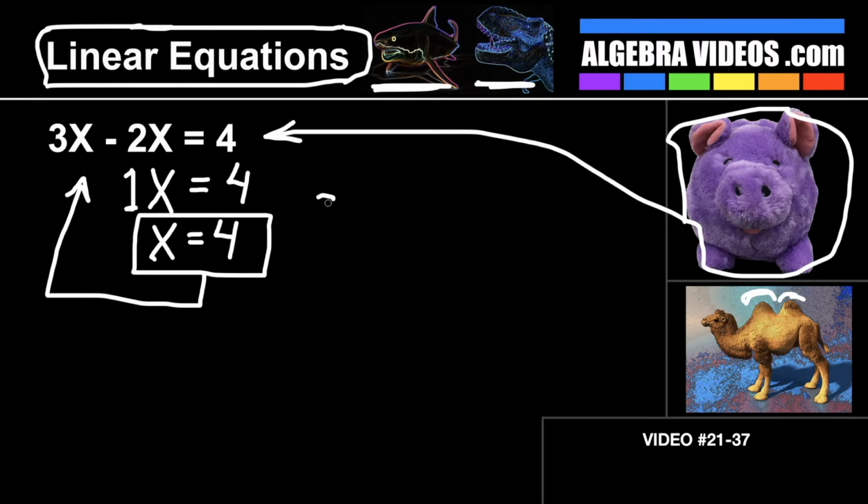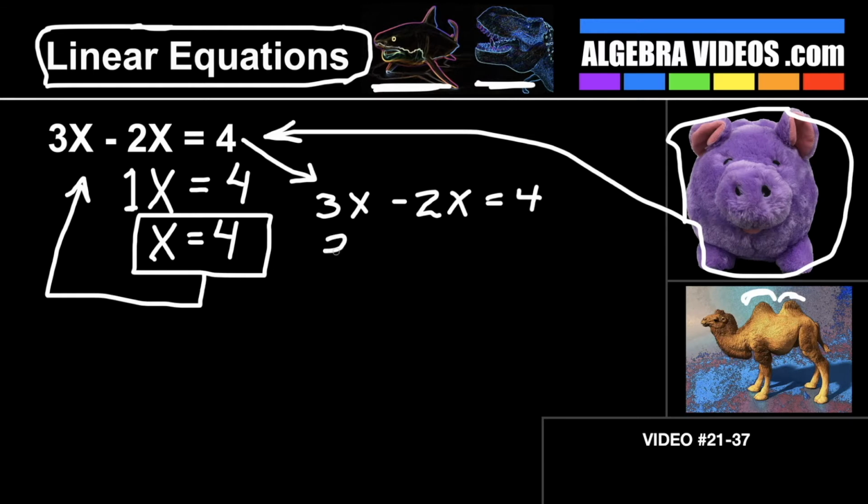So here's the original equation. I'm just going to rewrite it: 3x minus 2x equals 4. This is the original problem that we were given. And now wherever there's an x, I'm going to plug in our solution of 4 and see if everything holds true.